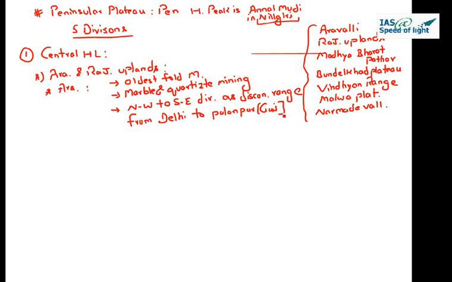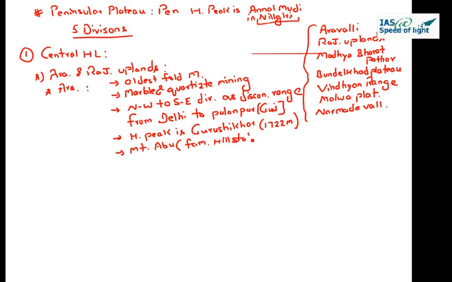So these are the important points for Aravallis which we have to remember. The highest peak of Aravalli is Guru Shikhar, which is of height 1722 meters. Mount Abu is a famous hill station. Now there is an important pass which we have to remember, which is the Gorang Pass.